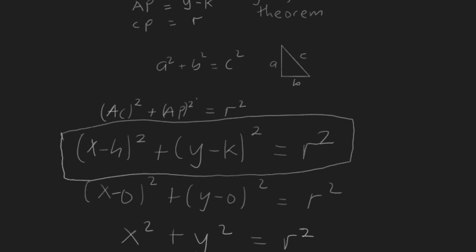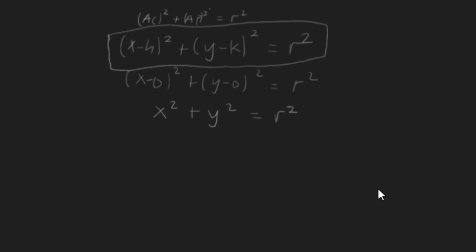You can also use the distance formula to find the equation of the circle. But I think the Pythagoras theorem is simple. Well, the distance formula is also simple depending on whichever way, but we are not going to go through the distance formula.